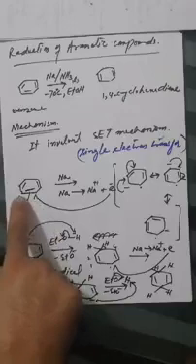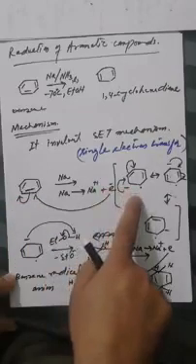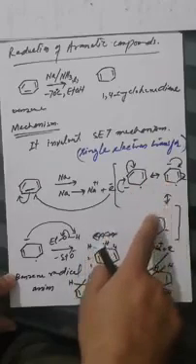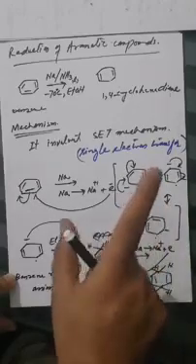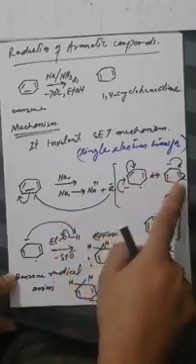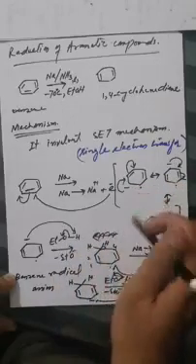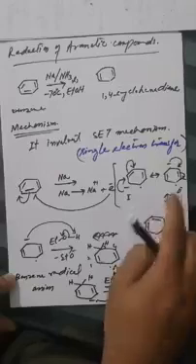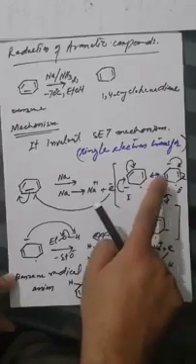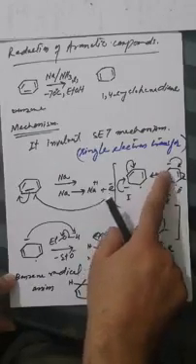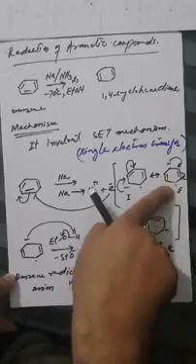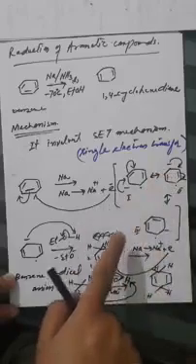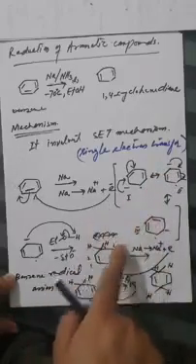This bond moves here, we get benzene radical anion, and this benzene radical anion has three resonance structures, 1, 2, 3. The two resonating structures are more stable because the single electron and the pair of electrons are quite far from each other.